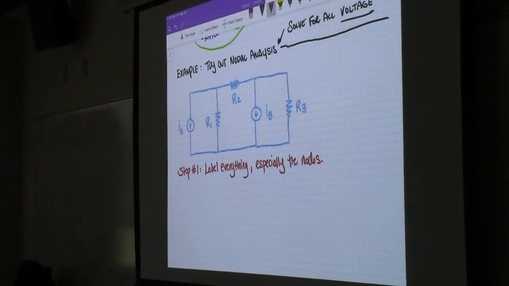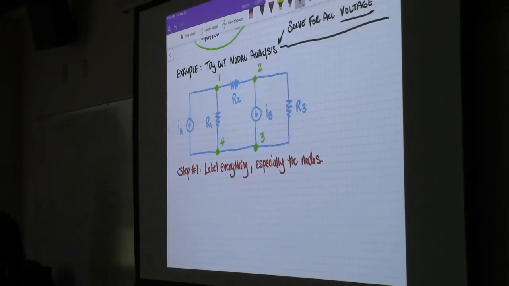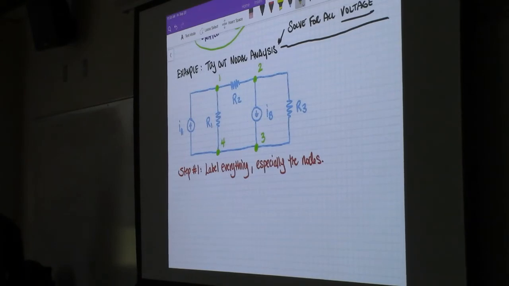So like if I did this, node 1, node 2, node 3, node 4. Node 3 and node 4 are the same node. If you start off with that, it's going to throw a huge wrench in your nodal analysis.